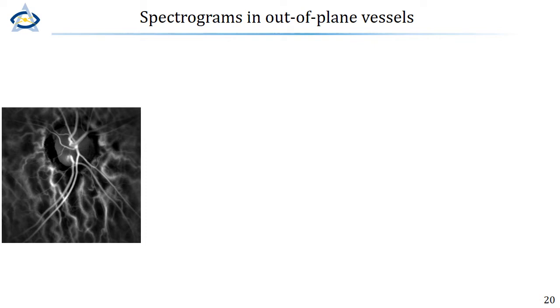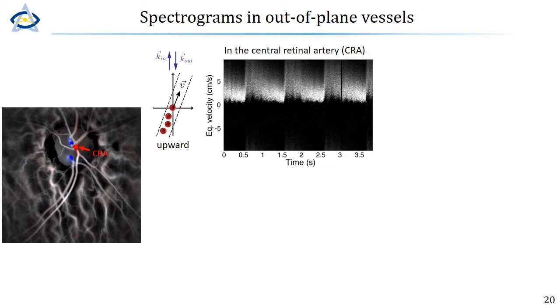Alright, so these are the spectrograms that we can get in out-of-plane vessels. We use our directional contrast to spot the regions where there is a strong inclination of vessels, and we measure the spectrogram in these two regions. First in the retinal artery, where we expect the flow to be upward, we look at the spectrogram and we see this.